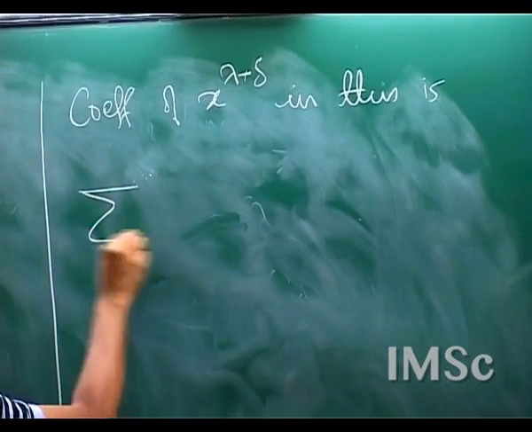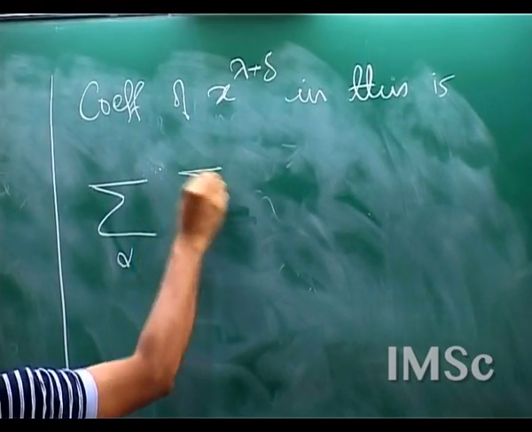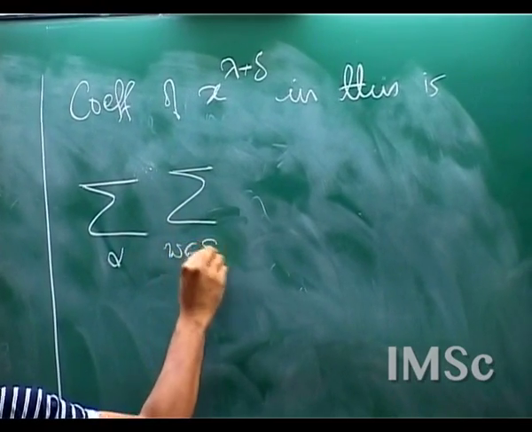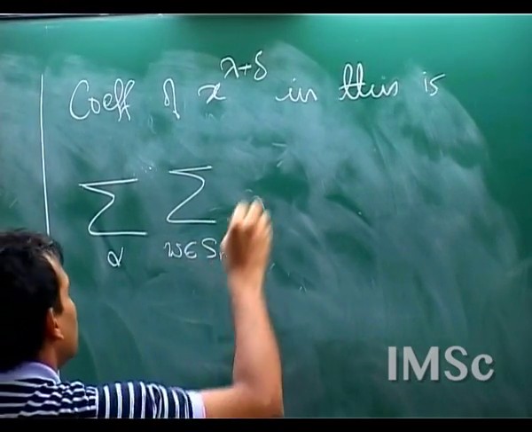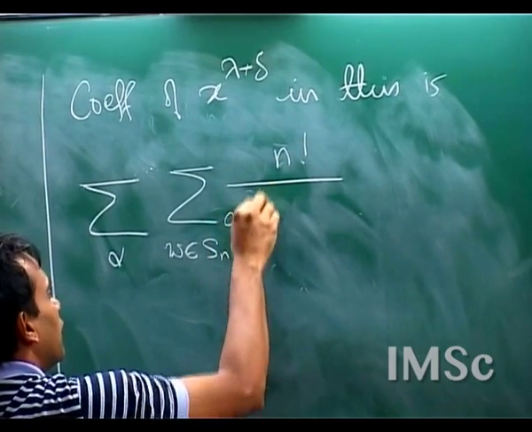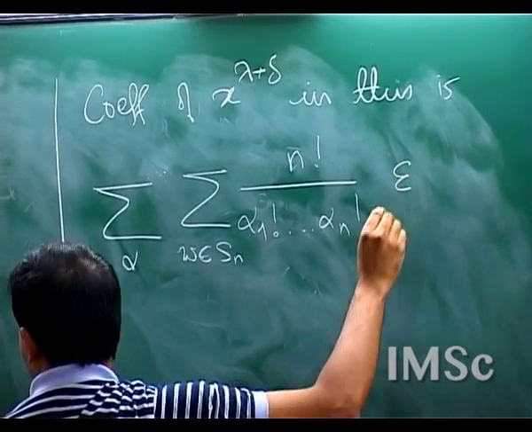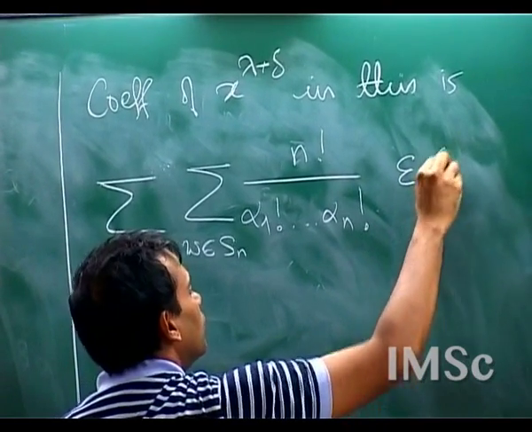the sum over all alpha. Now there will be a restriction on this alpha, sum over all w in Sn, and then you will have n factorial over alpha 1 factorial, ..., alpha n factorial, and then you just have epsilon w.